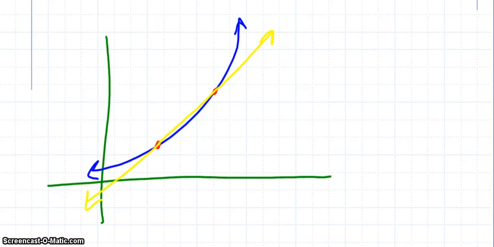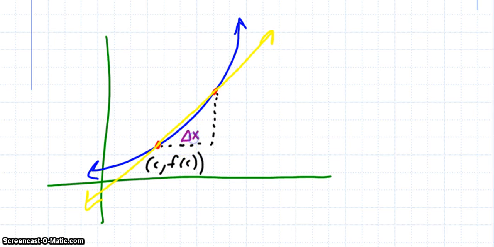So if I label these points, let's call this point here C, f of C, and I'm going to label this distance right here.